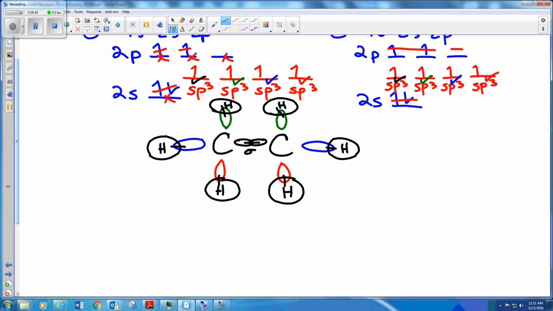Each of those bonds is also a sigma bond because it is the result of end-to-end overlap. There are 7 sigma bonds in this molecule.